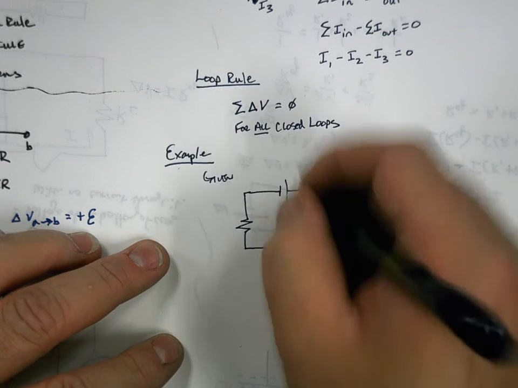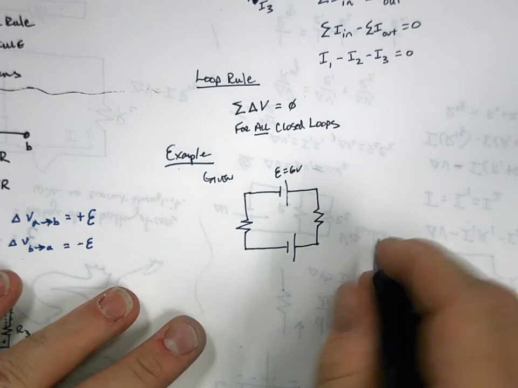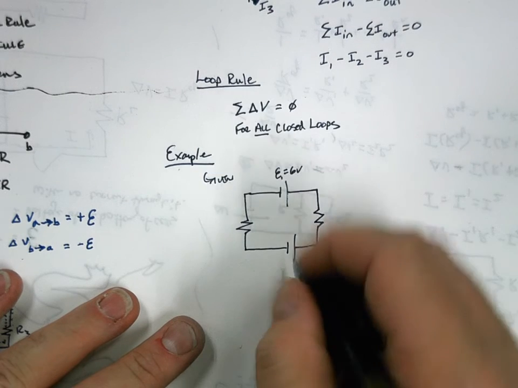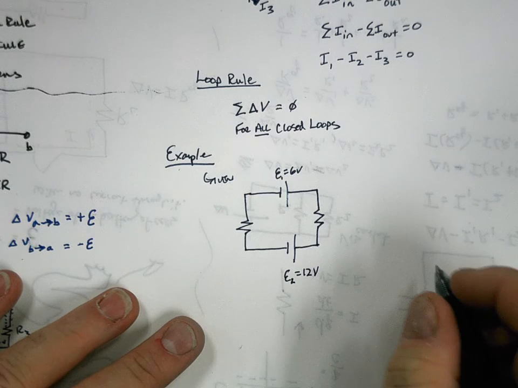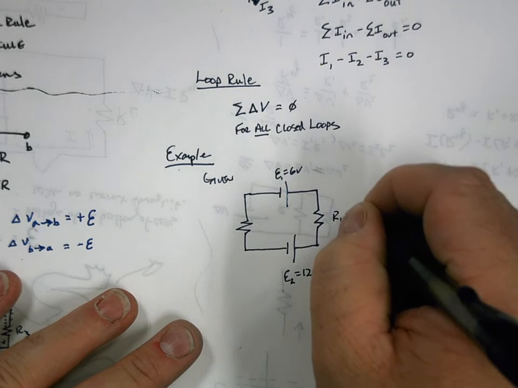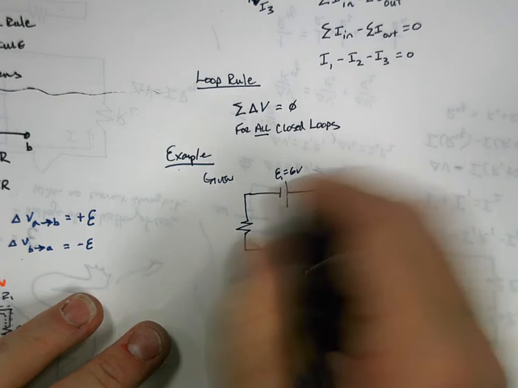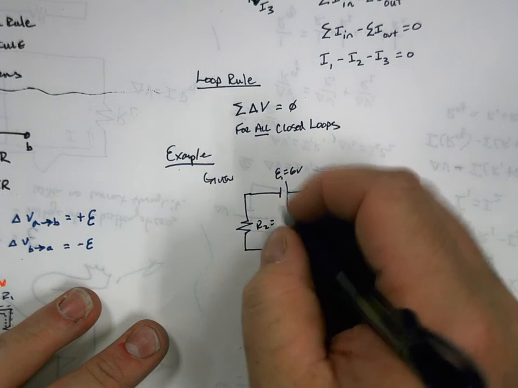This equals 6 volts. We'll call this E1. This battery is going to be 12 volts. Here we have R1 equals 8 ohms. Here we have R2 equals 10 ohms.